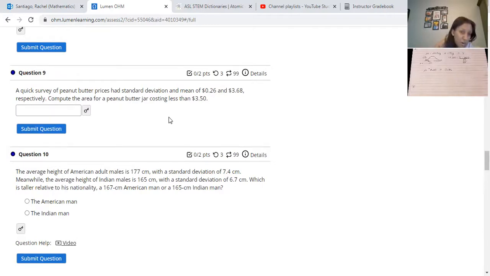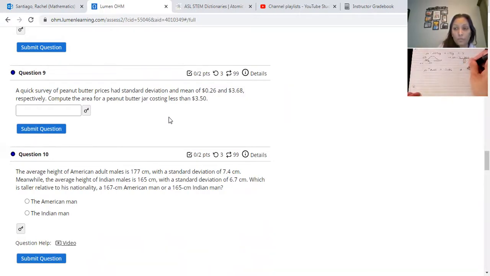We want to know how much costs less than $3.50. N represents the number of peanut butter jars, the sample size, like how big the sample is. Because this is not a central limit theorem type of problem, we don't actually have an N, so we don't need that for this particular value.